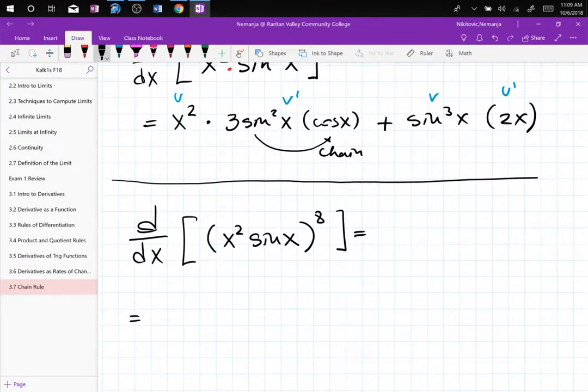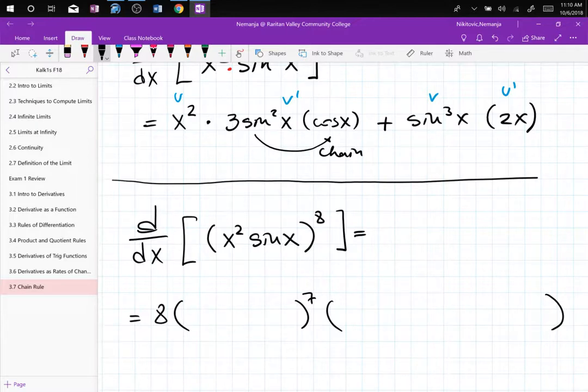So this is 8 times x to the 7th times the derivative of the guts. This is the setup because it's chain rule. You have this x squared sine x stuffed inside x to the 8th.